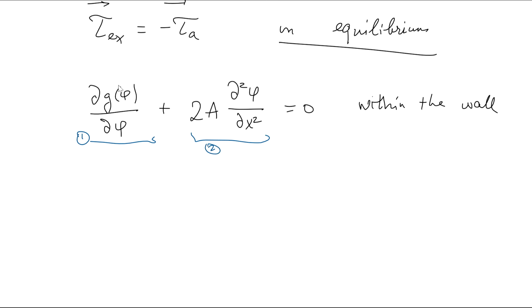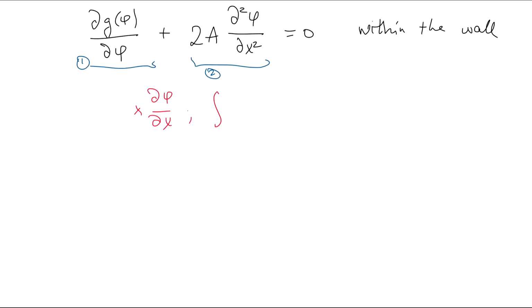But first, what we will do to both of them is multiply this equation by dφ/dx, and then integrate it across the wall.